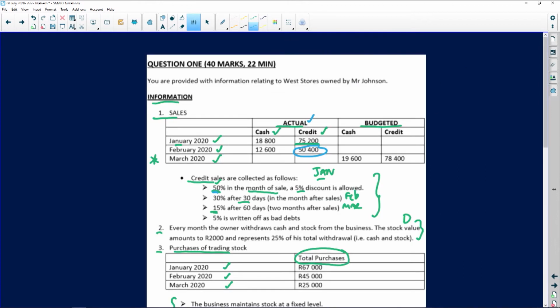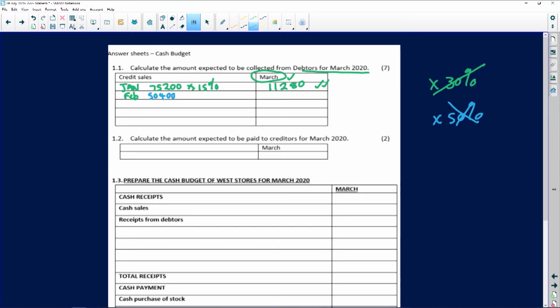Right, if I read further, 30% will pay after 30 days. So again, I'm selling in Feb. 30% will pay in March. And obviously March is what I'm trying to calculate. So I do need the 30%. Okay, so let's go back to our answer sheet. Times 30.